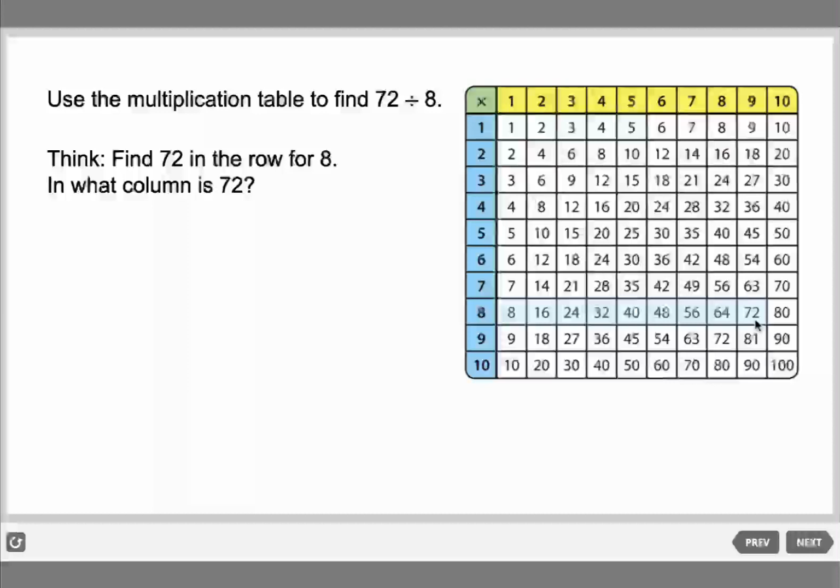Now, in what column is 72? Let's go up. Yes, 9. So 8 times 9 equals 72. And now we say that 72 divided by 8 equals 9. Okay, my heroes, any problems?